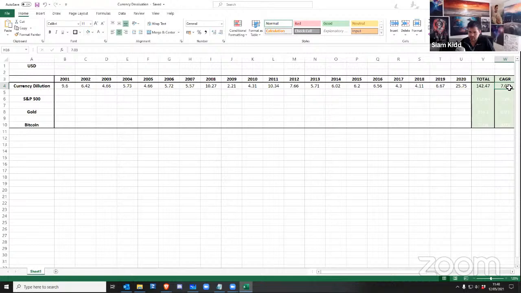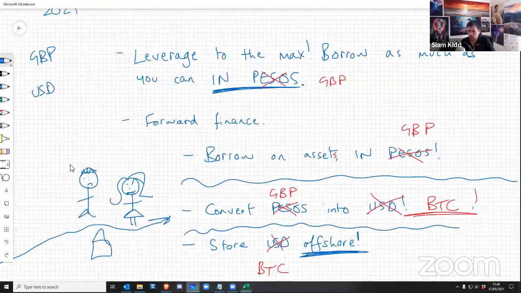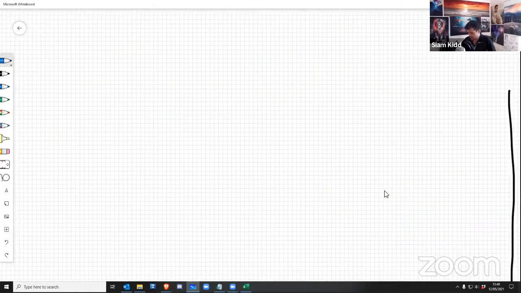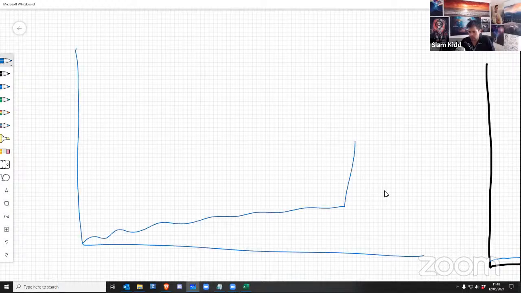Now, what happens in a situation like what we're seeing right now, since 2020? Again, another chart. This is what happened in March 2020. Everything was printing, and it's gone nuts.